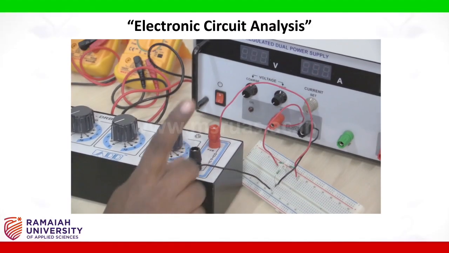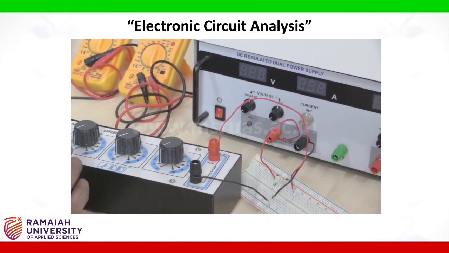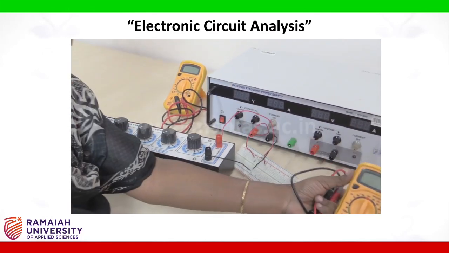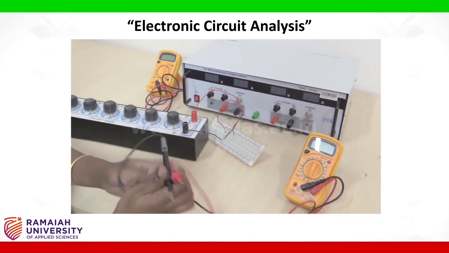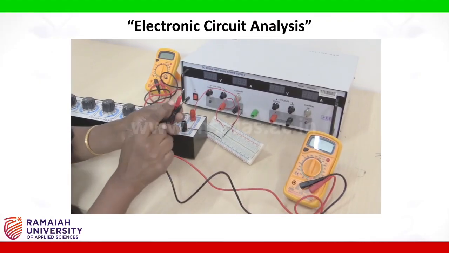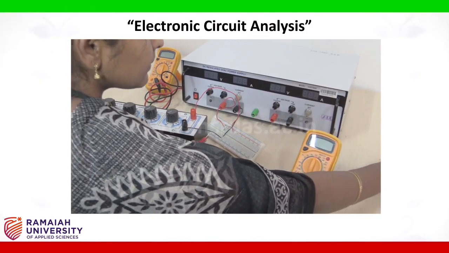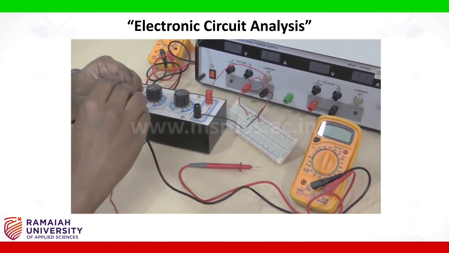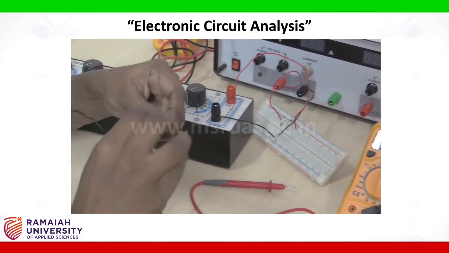Now take one multimeter as ammeter. Take a connecting wire, wind it to ammeter.